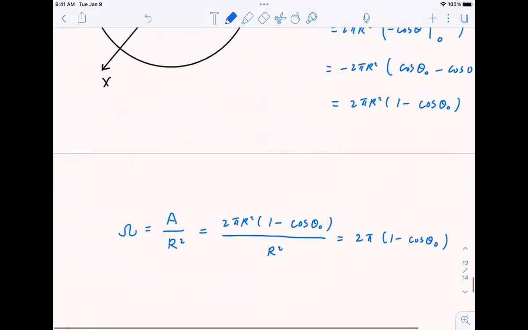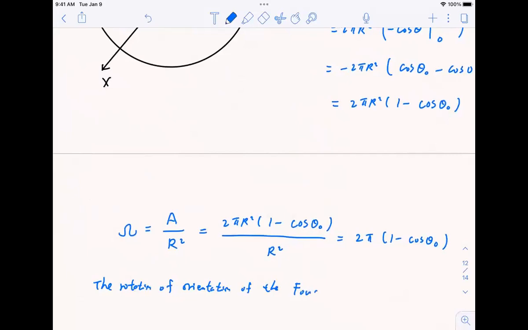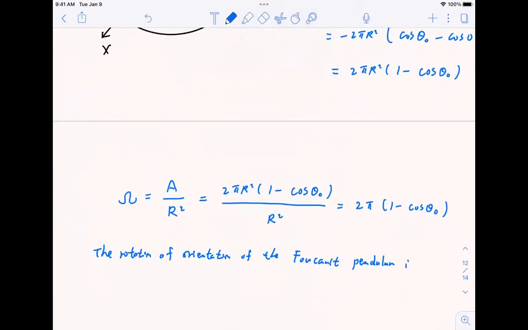So this will be the angle, the rotation of orientation of the Foucault pendulum. Foucault is a French name. I checked the pronunciation in English, and it's called Foucault. You don't need to pronounce the T or L there. The Foucault pendulum angle theta is equal to this, and equal to this.